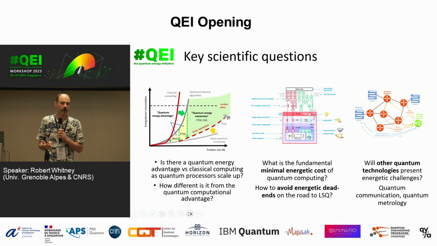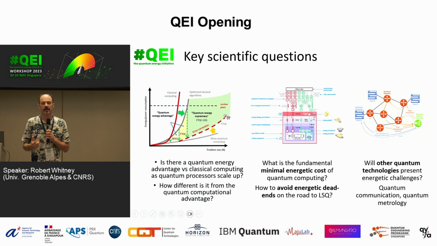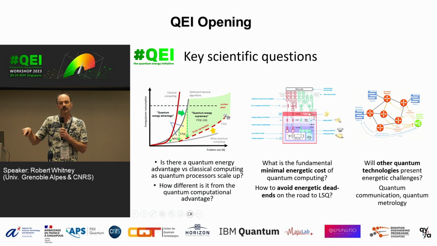So maybe the right way, or a different way to pose the question is, how secure do you need your information to be such that it is cheaper to do it with quantum communication than with classical encryption? And cheaper, as physicists, means costs less energy or less resources. Okay, so you could also ask that question, where is the threshold for a quantum advantage for quantum communication? Does anyone know the answer to that question?